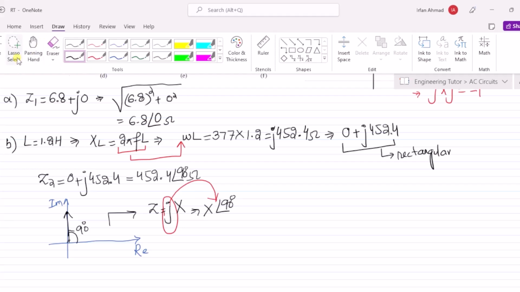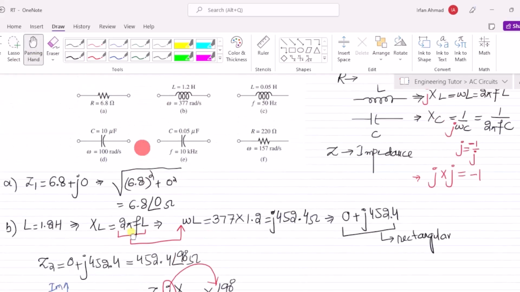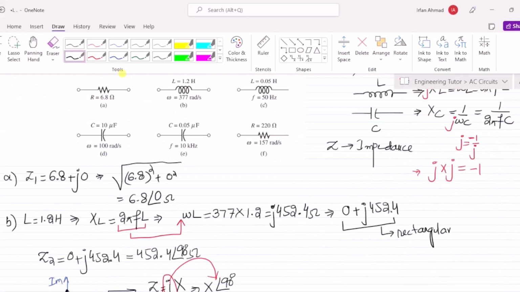Similarly, let me go to the third one. In part C, again we have to find the value of the impedance and represent it in rectangular and polar forms.